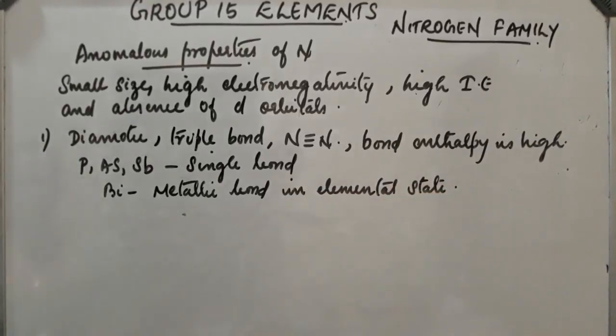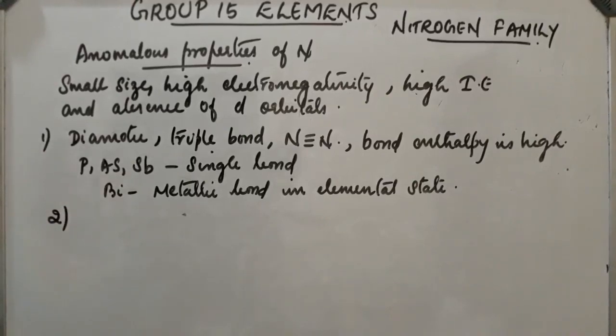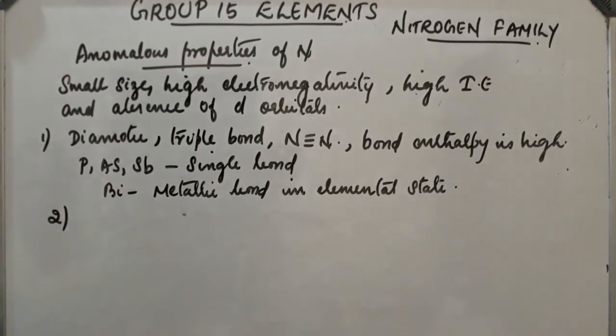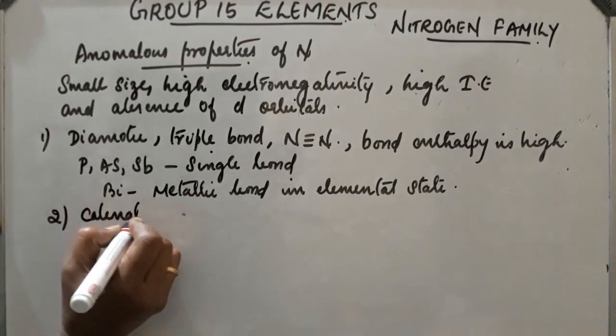Now, second point. Catenation tendency is weaker in nitrogen because N single bond N is weaker and N triple bond N is a stronger bond. N single bond N is weaker compared to the P single bond P bond.